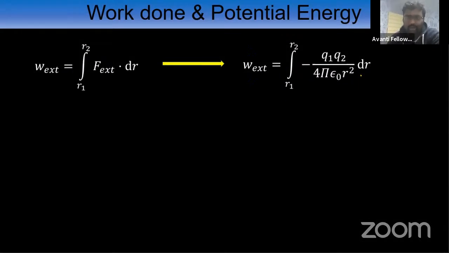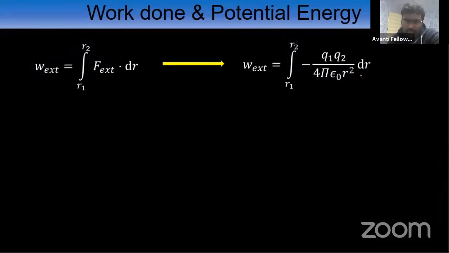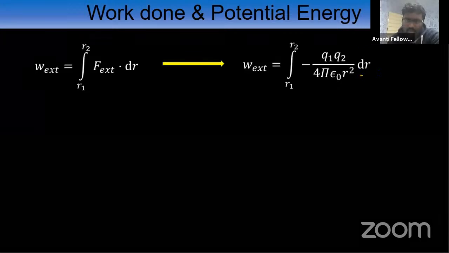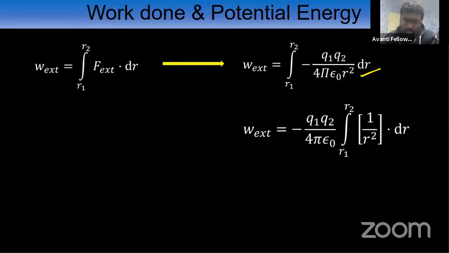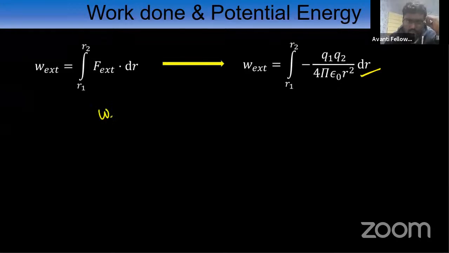So the external work done is given as the integral from R1 to R2 of minus Q1 Q2 by 4 pi epsilon naught R square dr. We are going to integrate this function with respect to only the variable r, so everything except r I'm going to remove out of the integration. Guys, try to do the integration part. I want everyone of you to solve this.